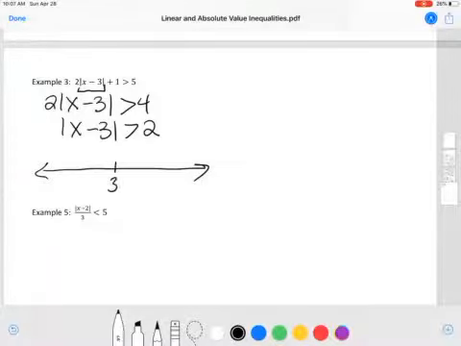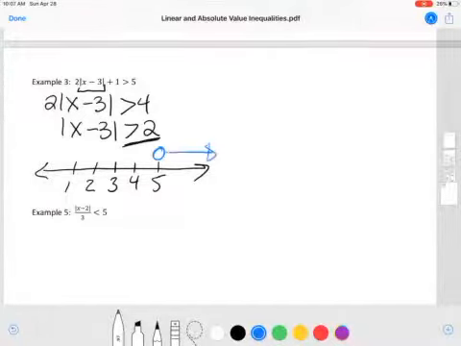So if this is 3, 4, 5 is a distance of 2 away from 5 to the right, and 1 is a distance of 2 away from 3 to the left. And we want it to be a bigger distance than 2. So we want it to be this way and this way.